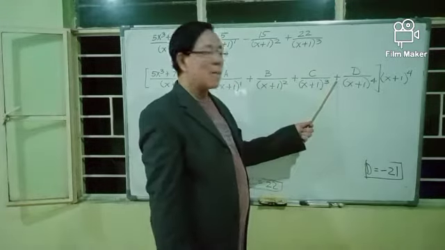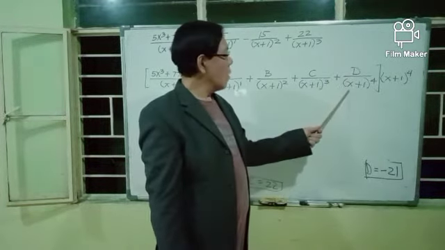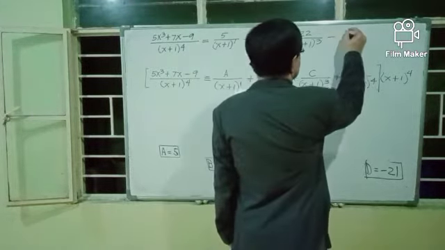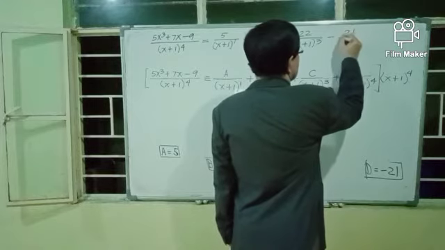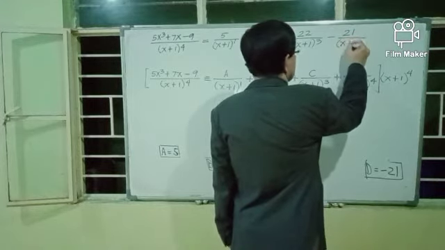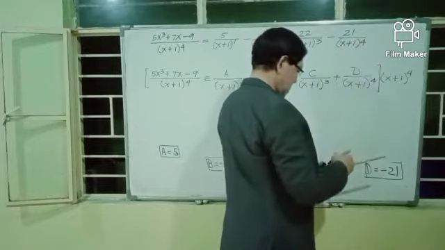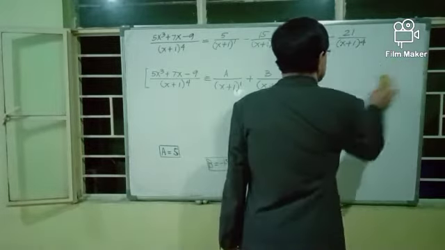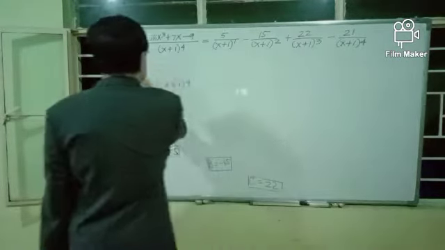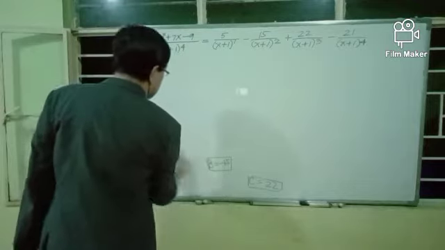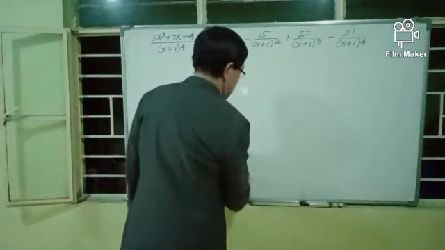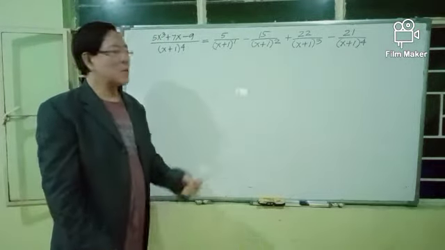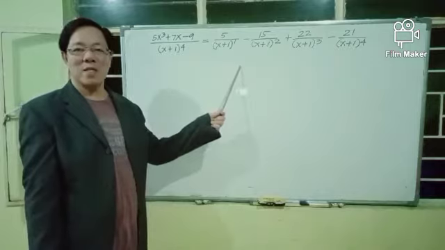Negative 21 multiplied by positive is negative 21 over x plus 1 raised to 4. After the substitution, we now integrate both sides of this equation with respect to x.